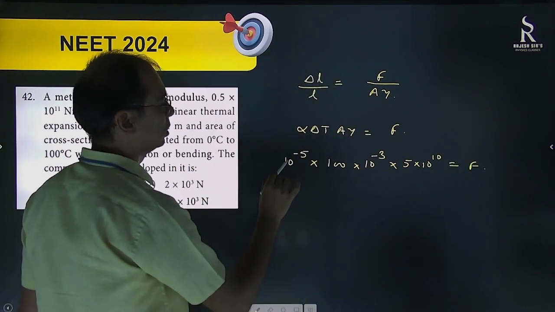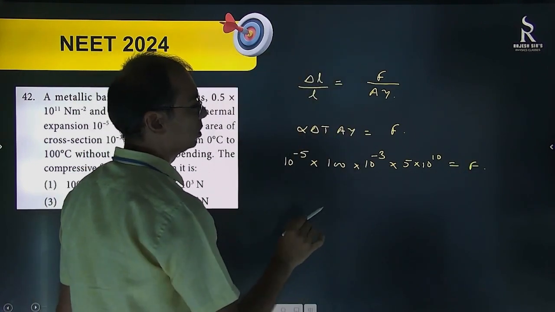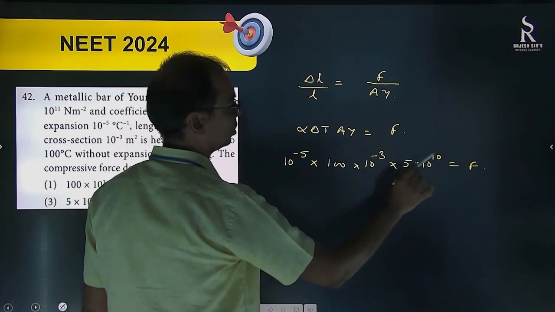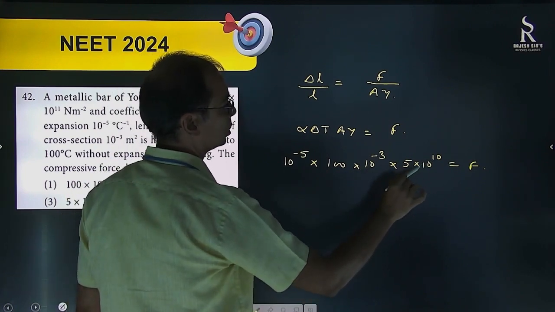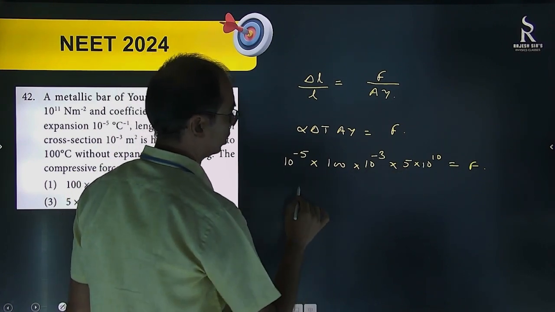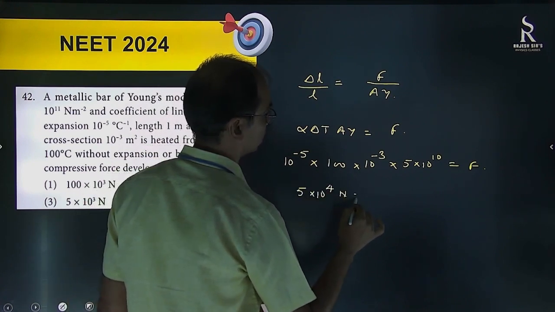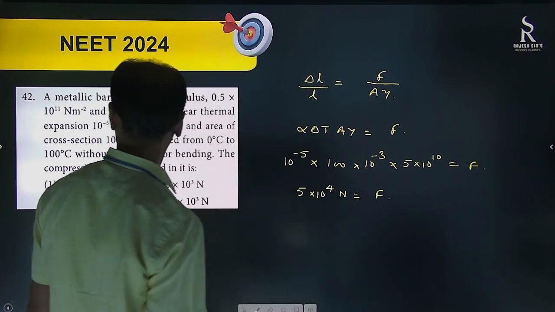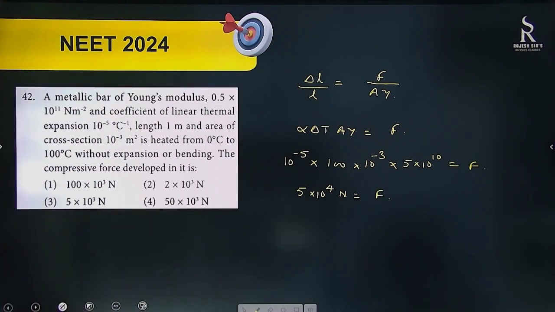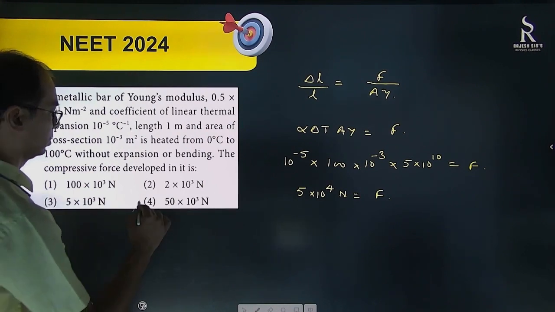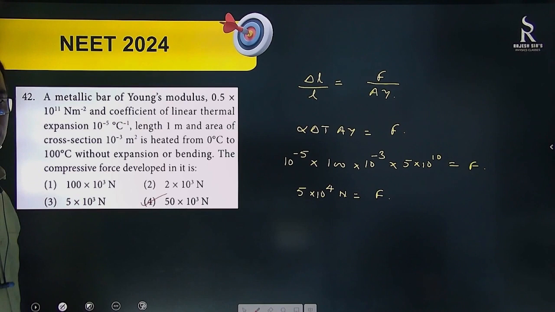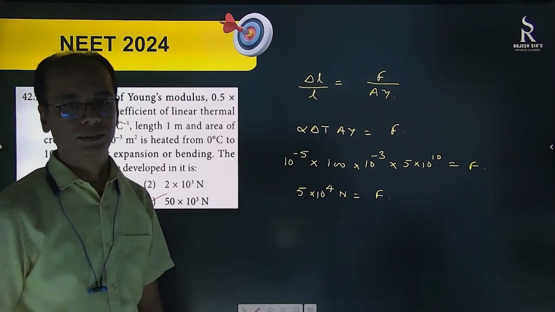So 10 to the power minus 5, 10 to the power minus 3, and 10 to the power 10 gives 10 to the power 2. 5 into 10 to the power 2 into 100, so 5 into 10 to the power 4 is coming. Let's see. Is it there? It is there. This is 5 into 10 to the power 4. That's our answer. Easy question if you remember.